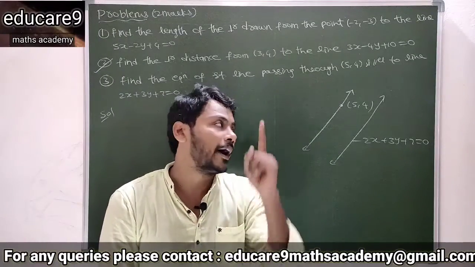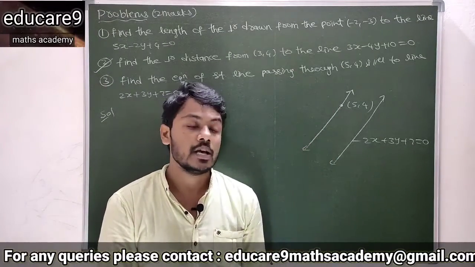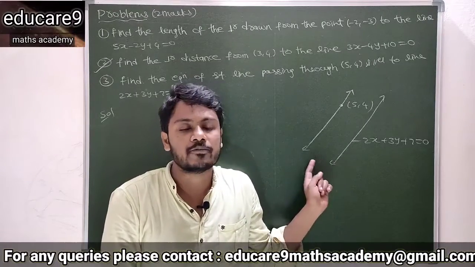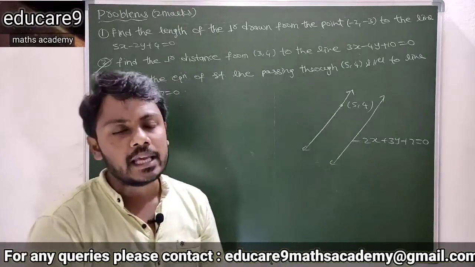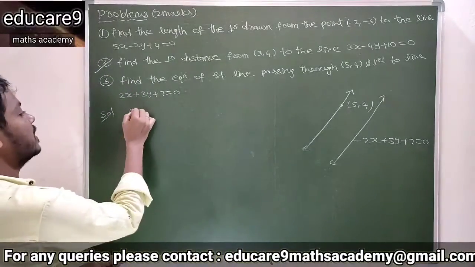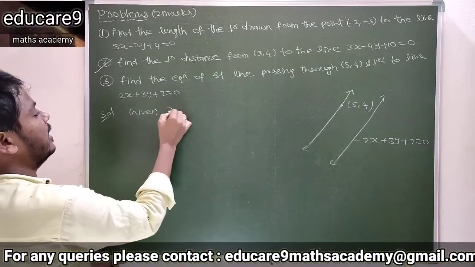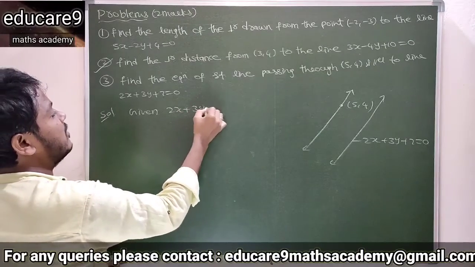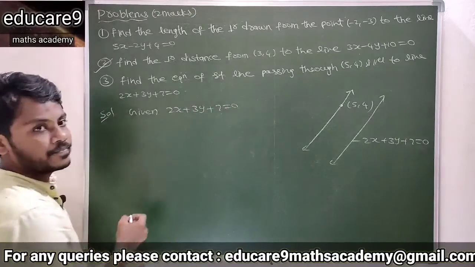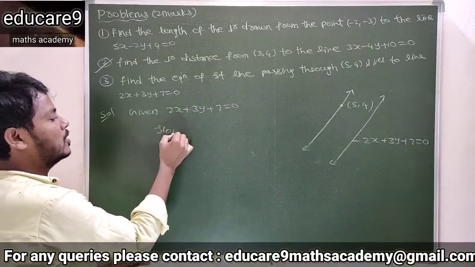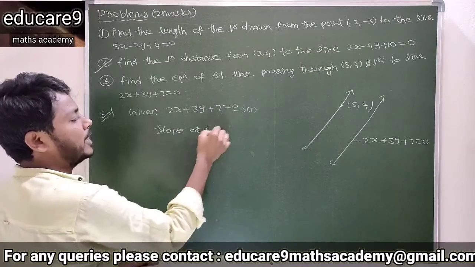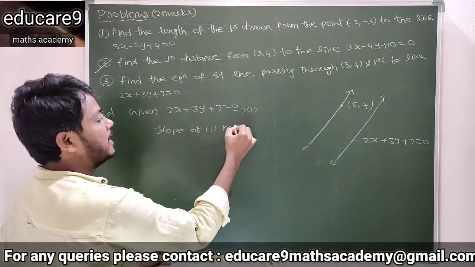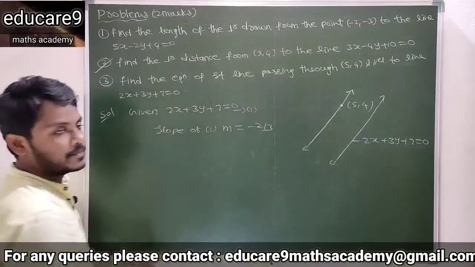So you need to find the slope of this line. Because two lines are parallel, their slopes are equal. Given line 2x + 3y + 7 = 0, the slope of equation 1 is m = -2/3.